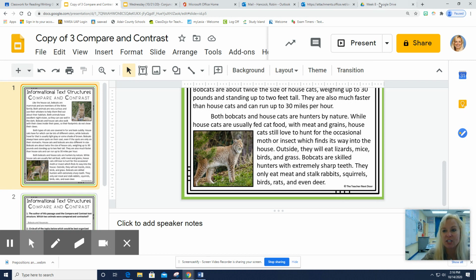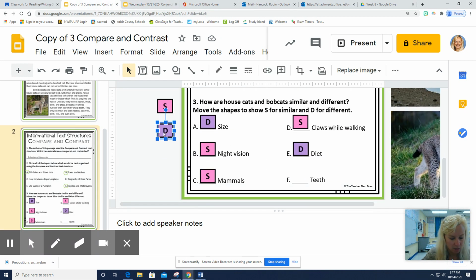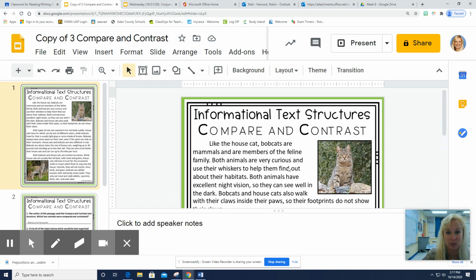So their teeth are different because bobcats have sharper teeth. So, Control C, Control V, because I know that's different. So what I just did is I read and then I compared and contrasted bobcats and house cats.